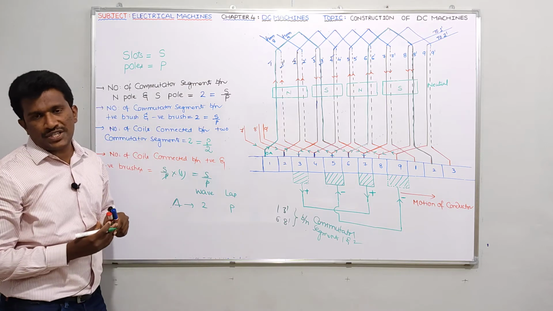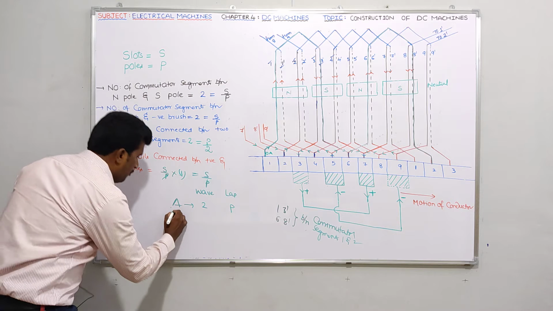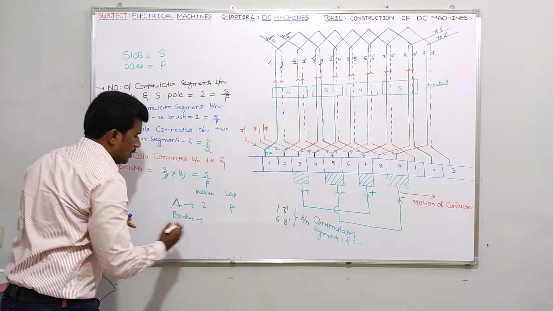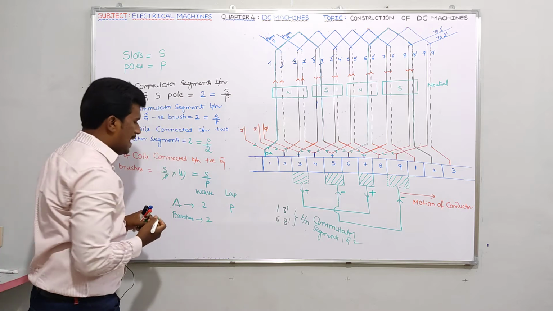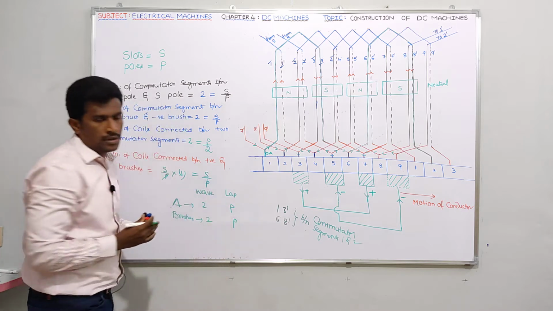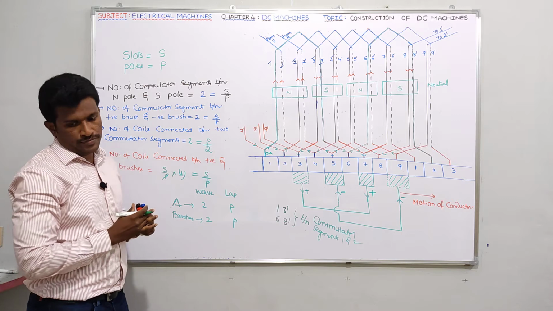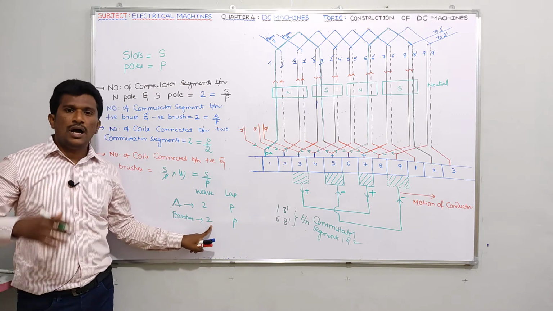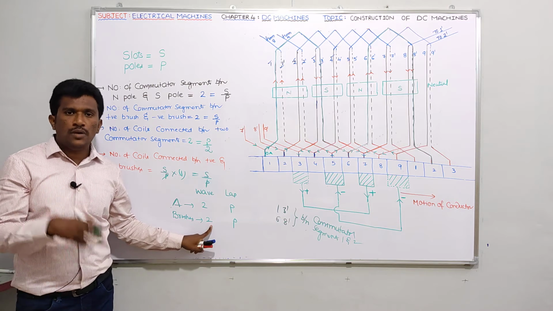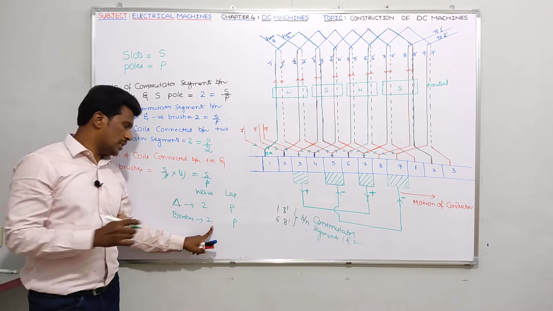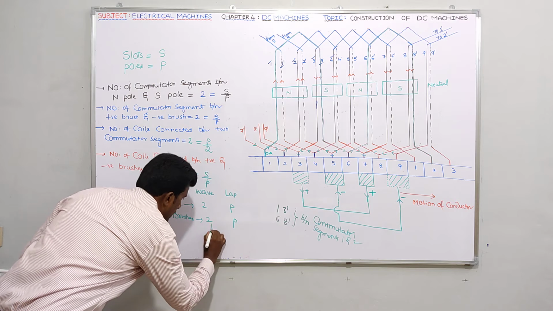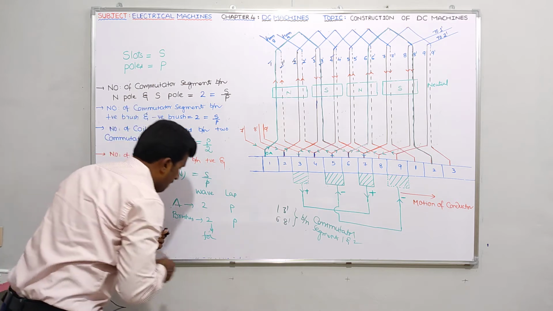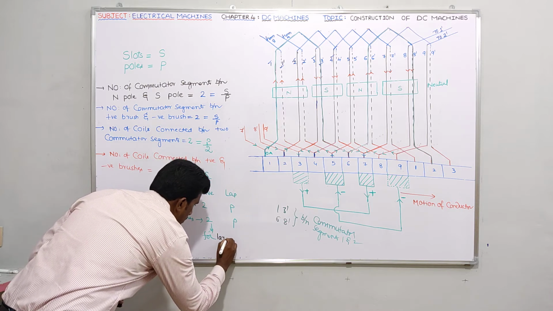And what about the number of brushes? In wave winding it is generally 2, but for a large DC machine it may be equal to the number of poles.